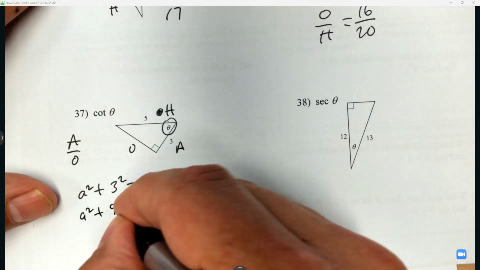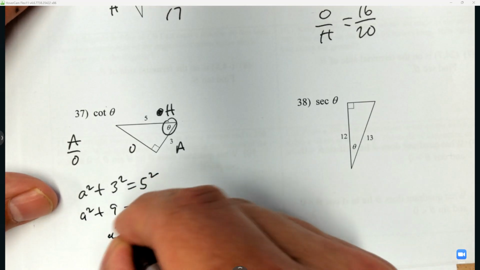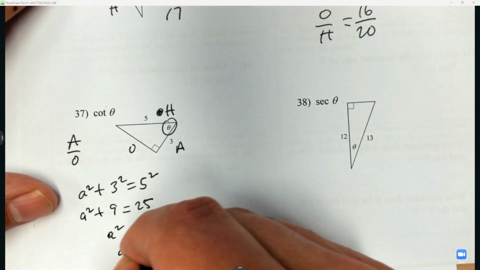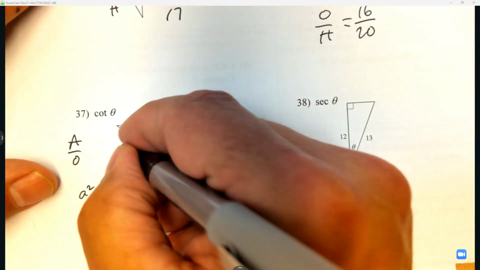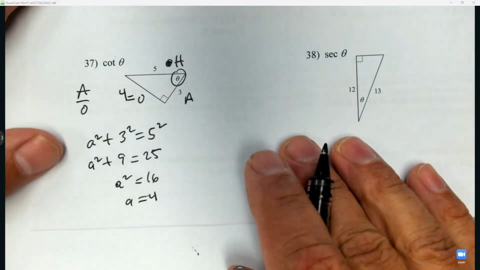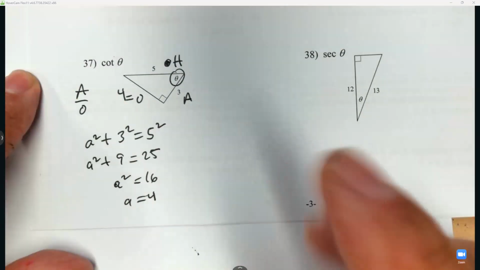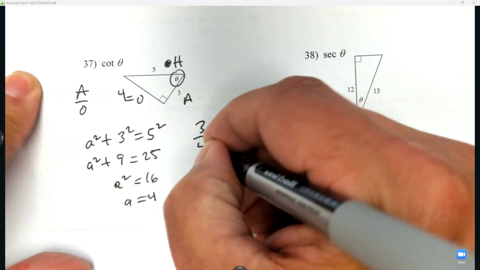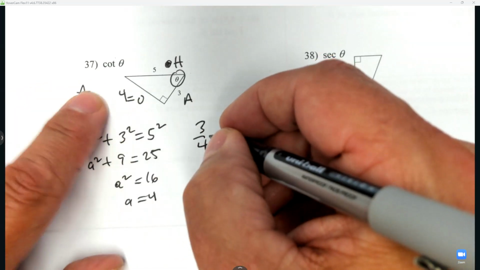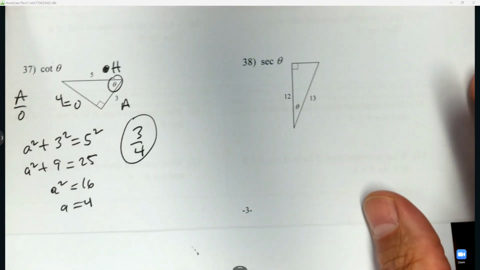When you subtract 9 and square root, you can see the answer. The missing side is 4. So adjacent over opposite would be 3 over 4, and you have your answer.